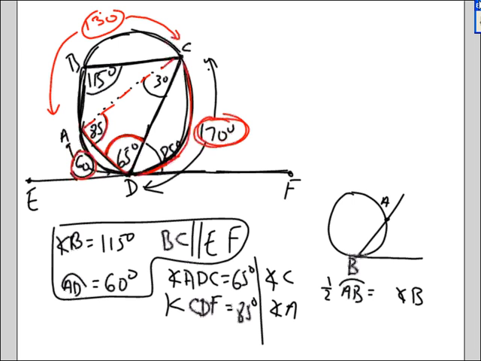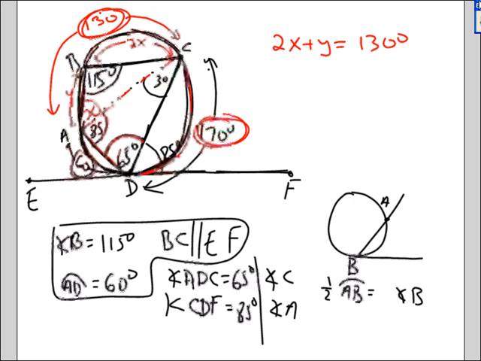Now, if I call this angle X, that means that this arc would have to be 2x. And let's talk about the arc from A to B. We'll call this Y. Now, I know on one hand that 2x plus y must add up to the whole 130 degrees.